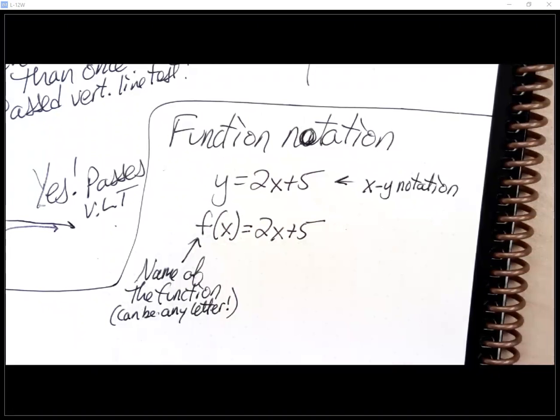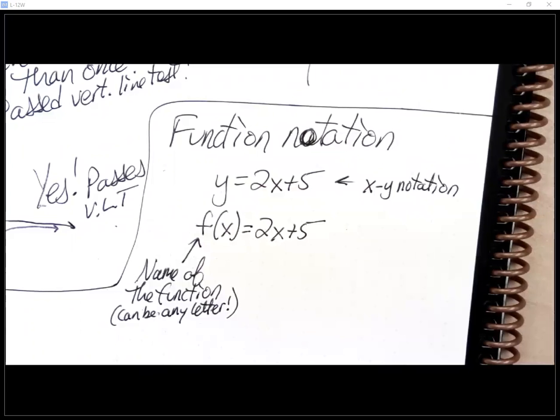Because that could mean F times X. But now when we're in function notation, we're saying, haha, forget everything you learned about that. We're pretending that it means something else now. I wish that there was just a different symbol that we use, but there's not. So that drives me crazy, but what can I do? I guess I could start a change.org petition, but it's not going to go anywhere. I'll tell you that much.